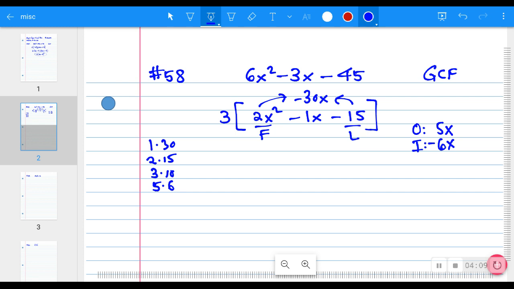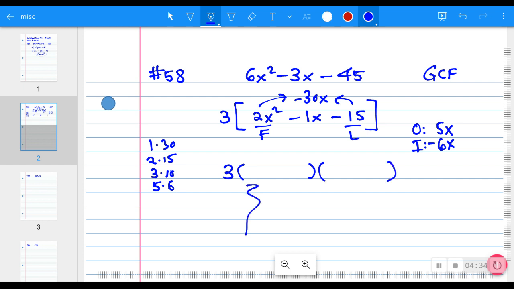Now just double check before you move on, because this is the crux of the problem. 5x and negative 6x add up to this one. And the same two terms, 5x and negative 6x, multiply to give this negative 30x. So you're ready to move on. All right, and the way this works here is you're going to set it up down here.